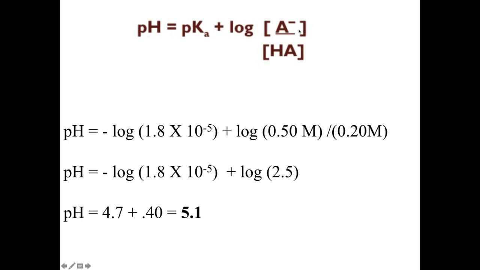The log of the A minus will be 0.50, and then the HA will be 0.20. When I do 0.5 divided by 0.2, that gives me 2.5. And when I do negative log of 1.8 times 10 to the negative fifth, that gives me 4.7. Log of 2.5 is 0.4. So when I add those together, we get a pH of 5.1.